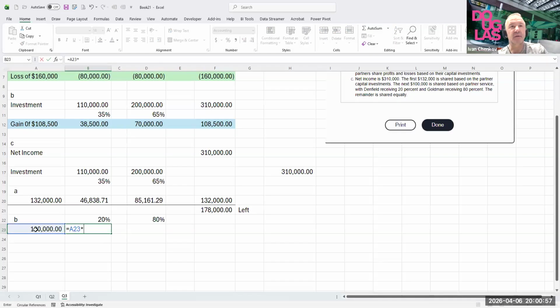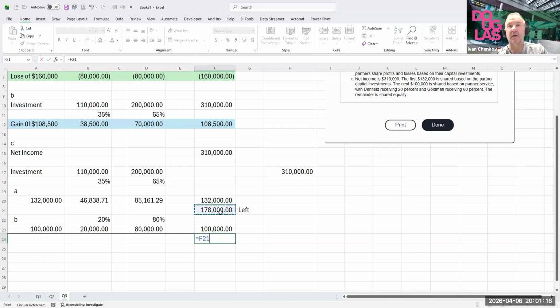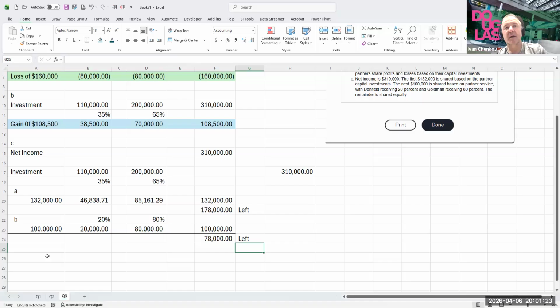This one times 20%. Ivan's going to get this one times 80%. Boom. So the total that we're going to share is $100,000. After this allocation, how much is left to share? This one minus 100,000, left 78. So what's going to happen with the remaining 78? The remaining 78 will be split 50-50, shared equally.